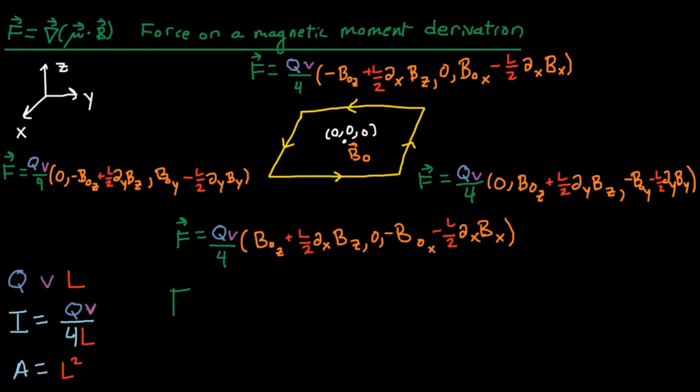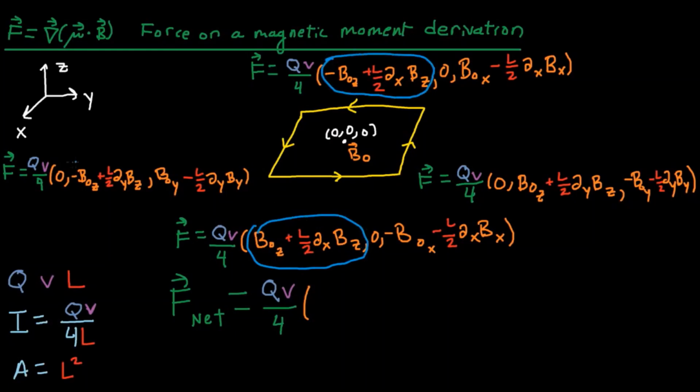So F net equals, right out front we still have QV over 4. And now for the first component, this segment has something in the first component, and so does this one, but these two right here have 0 in the first component, so those don't affect it. Note that here we have B naught Z and negative B naught Z, so those cancel out.